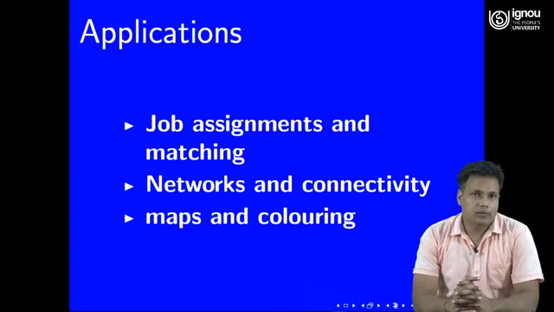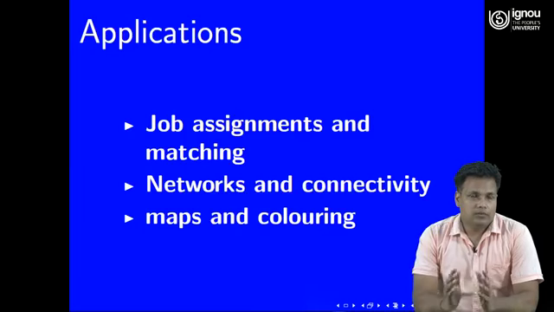This problem can also be stated in terms of the marriage problem. Suppose there are n boys and m girls, and you have to find a match for each girl. So in that case, you are essentially finding a matching for each girl.